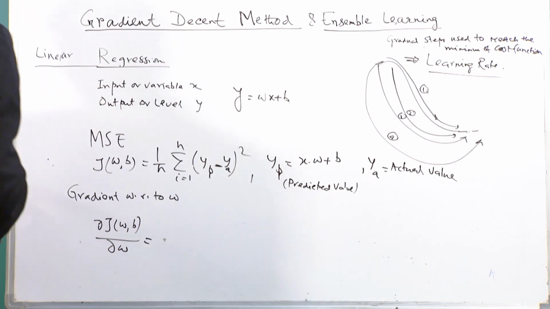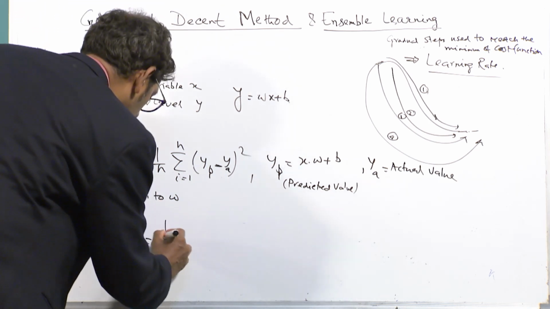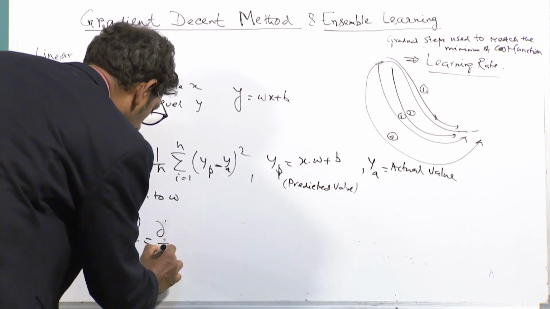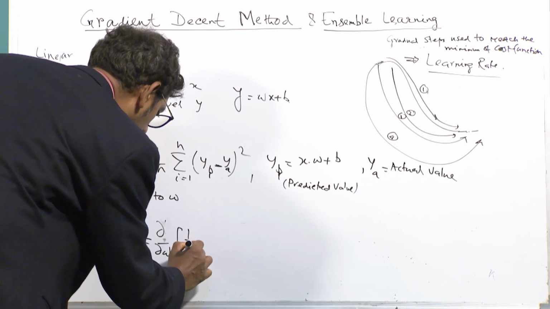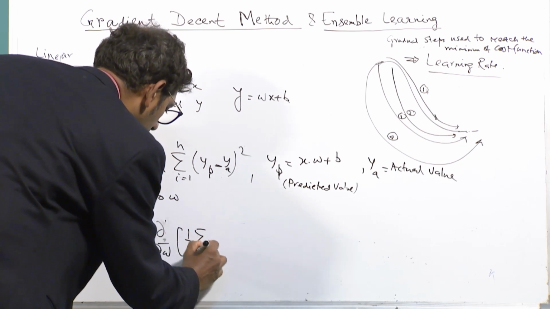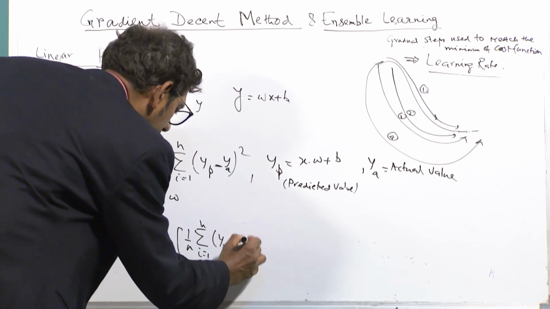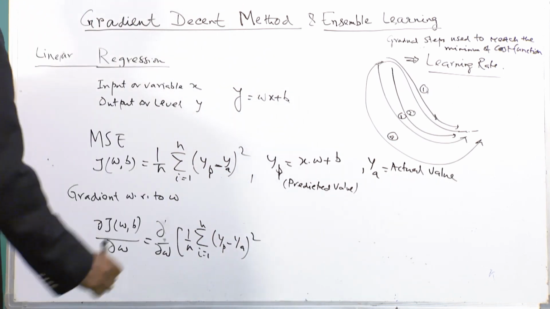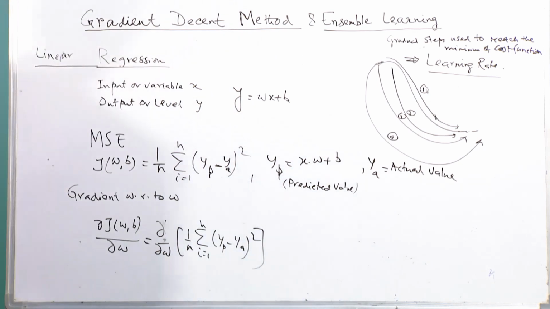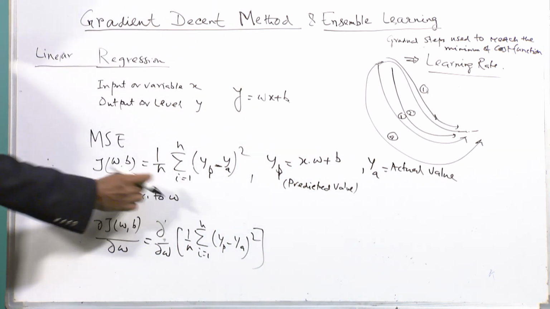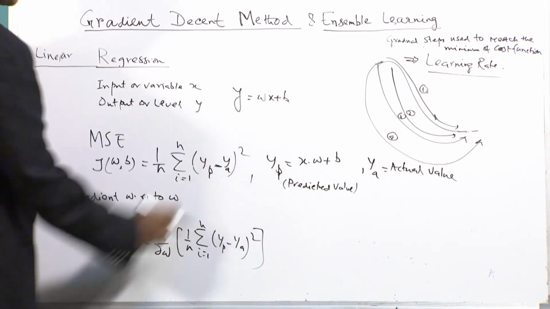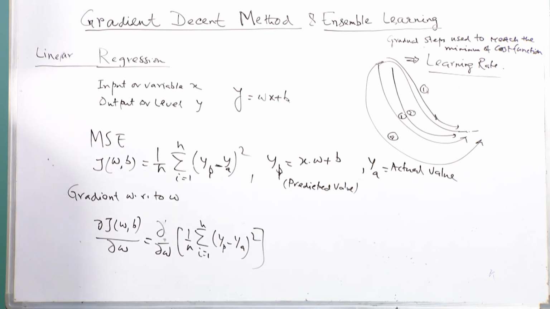That is equal to del by del w of 1 by n, sum over i going from 1 to n, of yp minus ya whole square. Am I clear? That is your gradient with respect to w. There will be a gradient with respect to b also.